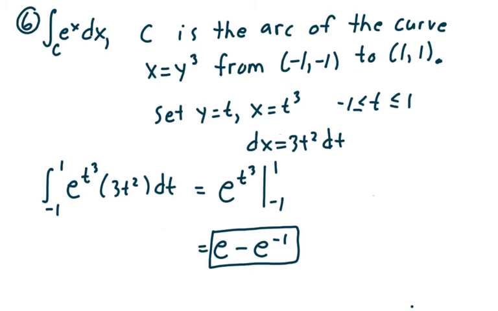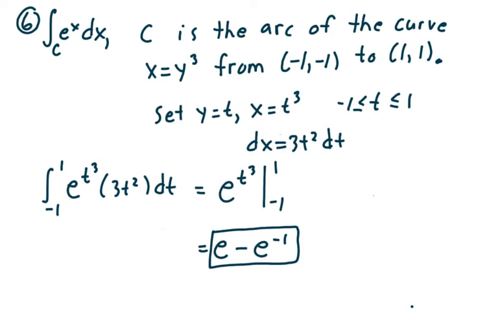And then our last example for this video, we have the integral over C of e to the x dx, where C is the arc of the curve x equals y cubed from (-1, -1) to (1, 1). So notice how x is a function of y. So the way you parameterize a curve like that is I'm going to set y equal to t.